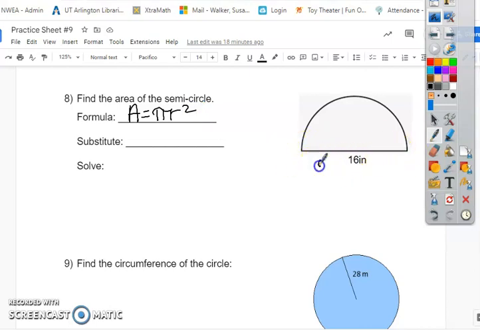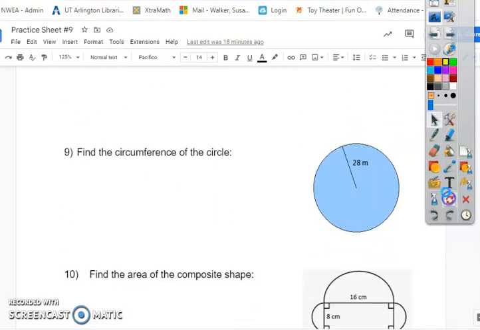This is the diameter. In order to do this one, you have to have the radius. So find the radius to the middle. And that's the number you're going to use for this. And don't forget, it's a semicircle, so you divide by 2. Don't forget that. I'm not going to write it. But if you're listening, you're going to have the advantage.